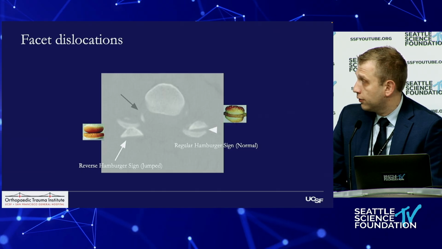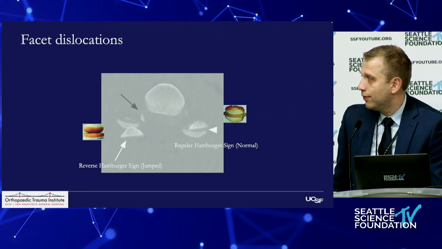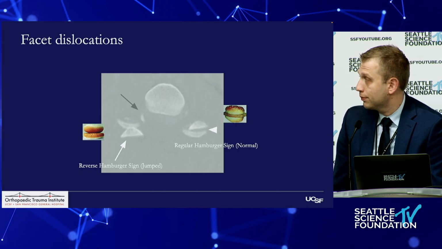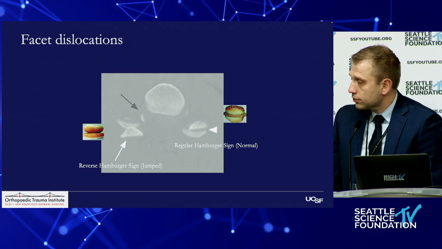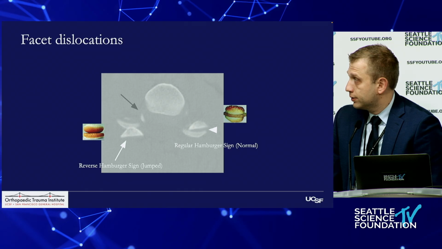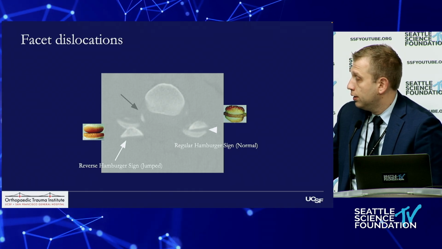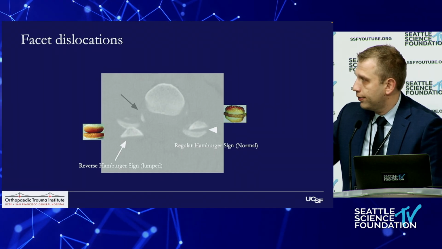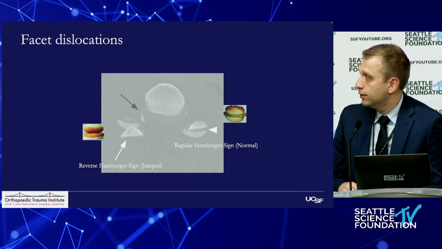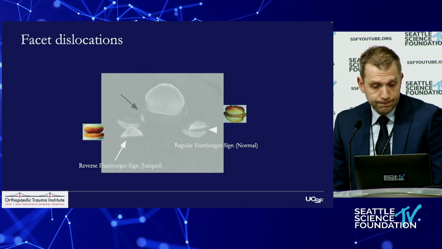When looking at the axial view, people talk about the hamburger and the reverse hamburger sign. So in this case, it's a case of a unilateral jump facet, and you could see how in the regular hamburger sign, the facets are articulating properly, and then on the left, you could see that they're jumped.